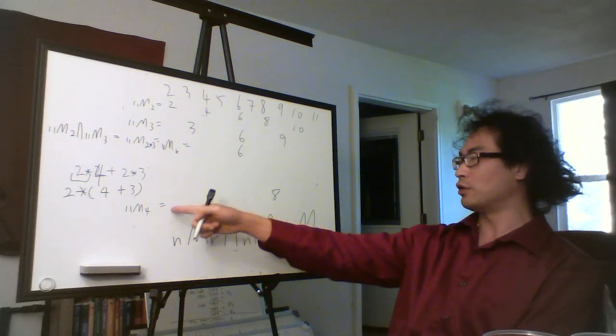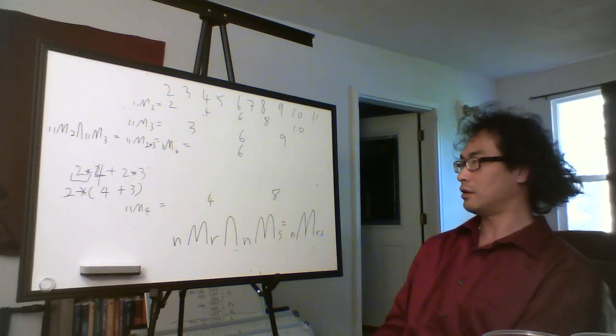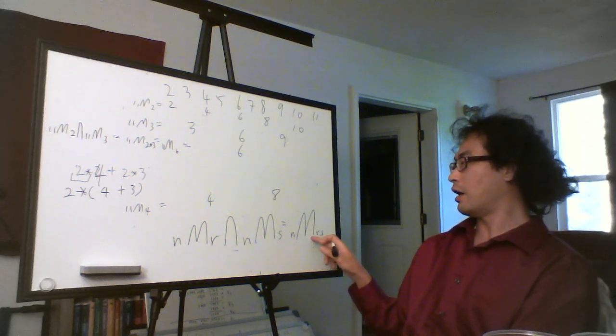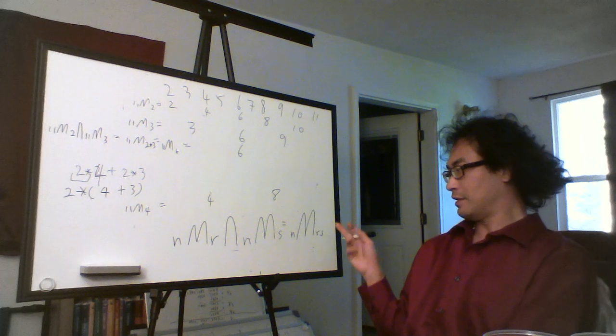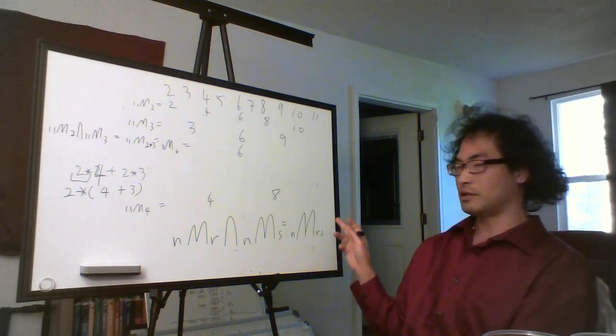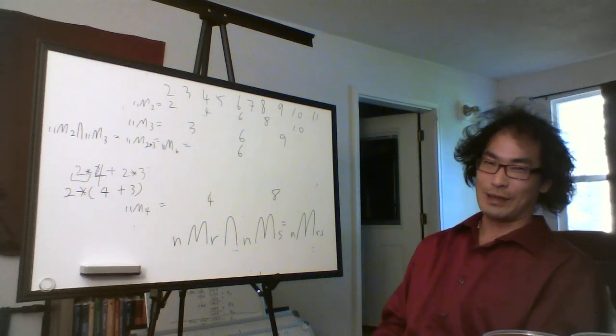We can put absolute value around that. And we know the absolute value of N_M_J is the quotient N by J. Checkmate. Okay, we got it.